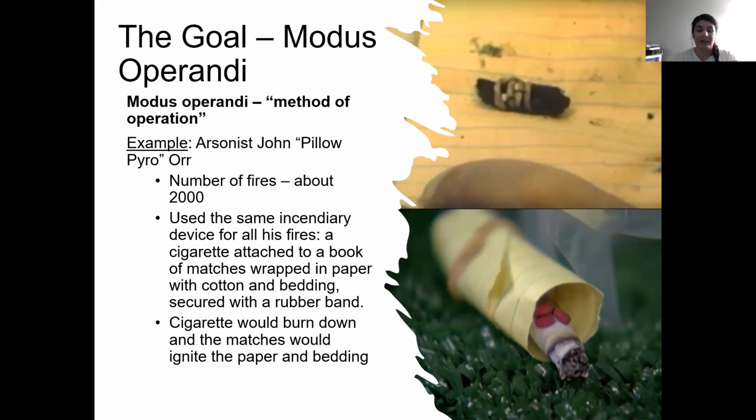So the cigarette would burn down and the matches would ignite the paper and the bedding around it, and that's how he got the name Pillow Pyro. This is his signature, his method of operation.